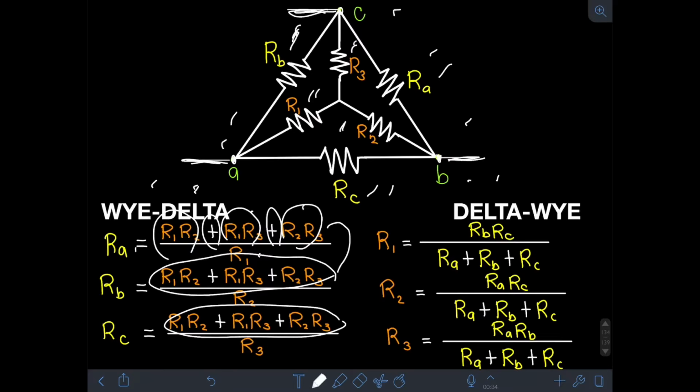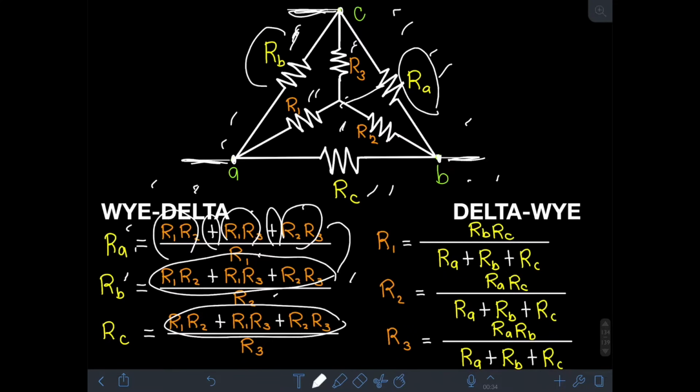So for example, in this figure, opposite of RA is obviously R1, right? So that's why it will be in the denominator for the value of RA. Applying the same concept for the other resistors, let's say RB, the numerator is still the same, R1 R2 plus R1 R3 plus R2 R3, over this time the Y resistor opposite to the resistor RB in the figure.